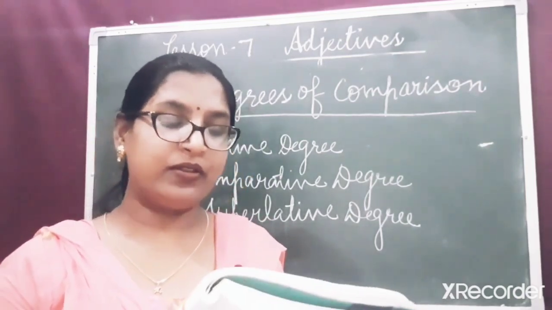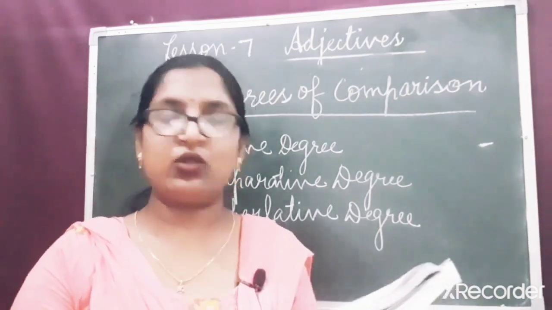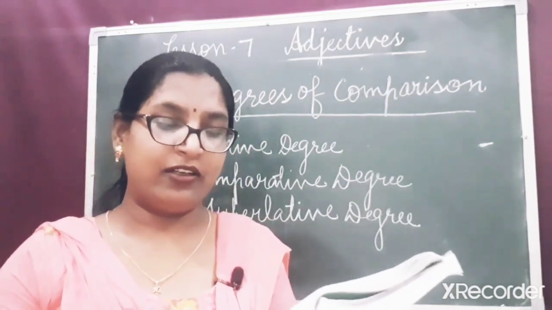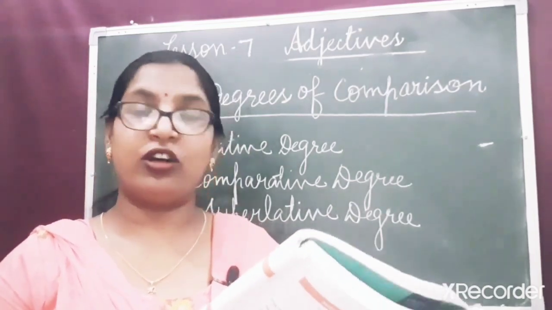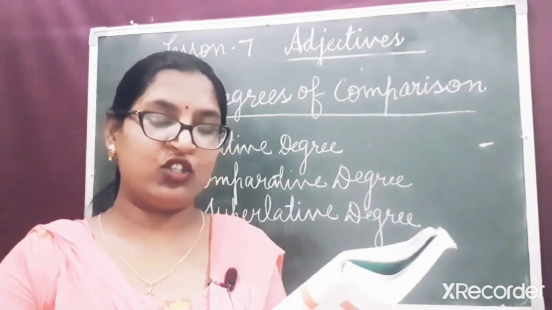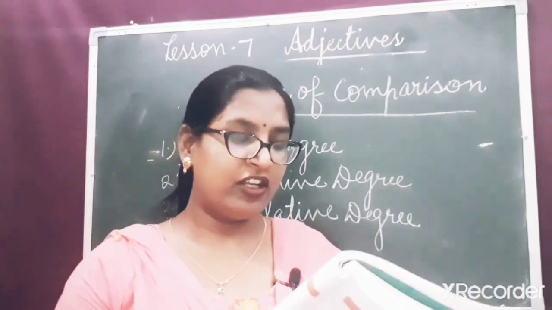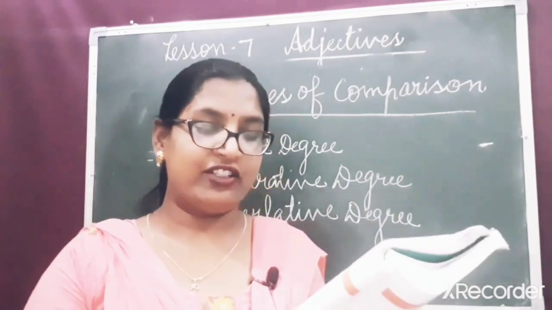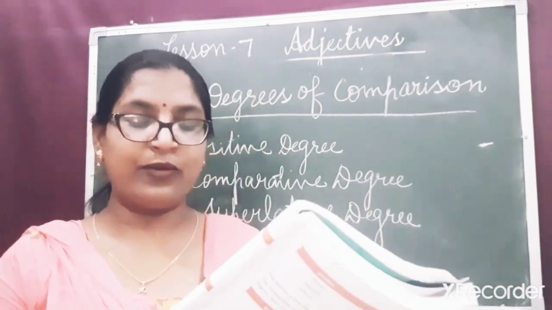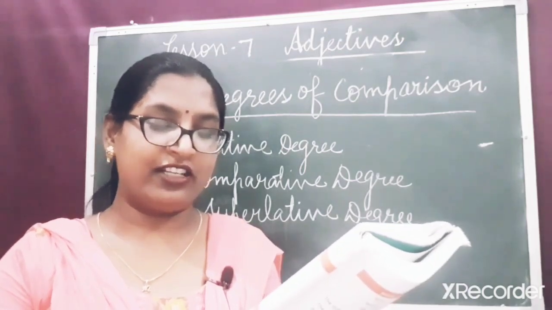However, remember that there are exemptions to this. This rule is not applicable for all the words. For example, broad, broader, broadest; lean, leaner, leanest; short, shorter, shortest; long, longer, longest.